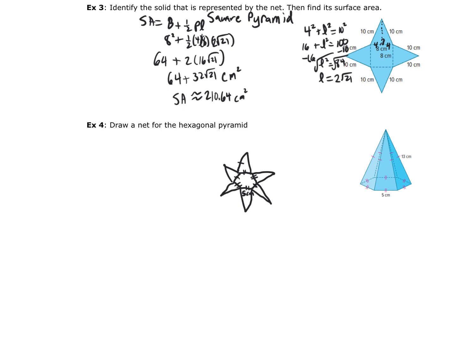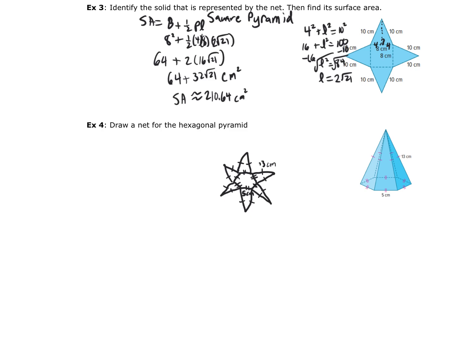And so these are all going to be congruent to each other. And those are all going to be 13 centimeters. And even though that is a horrible drawing, that works as a net.